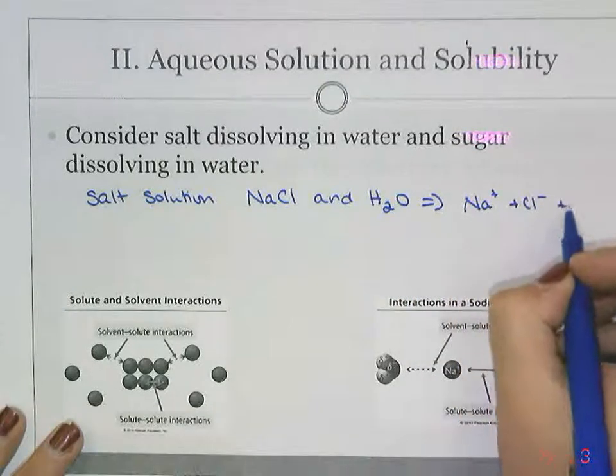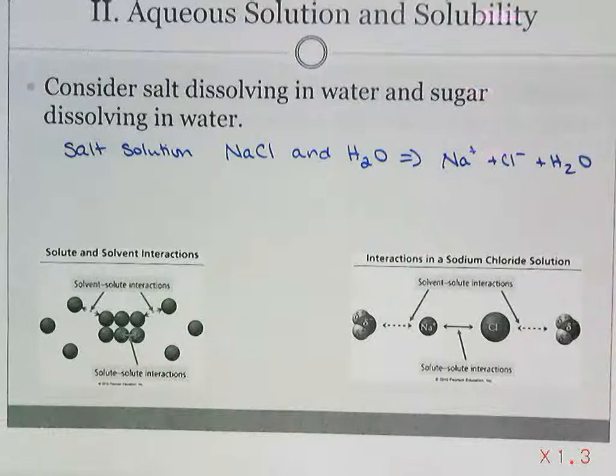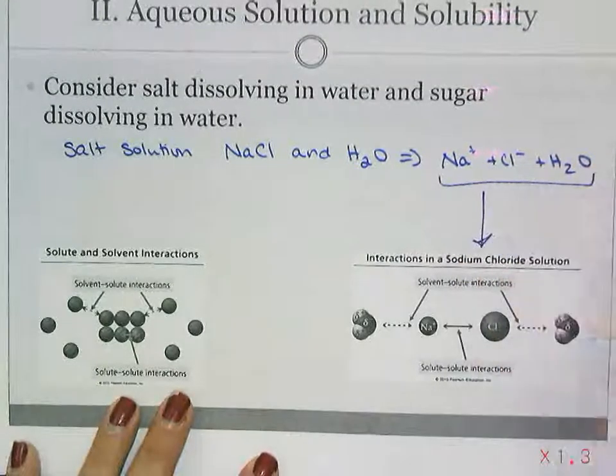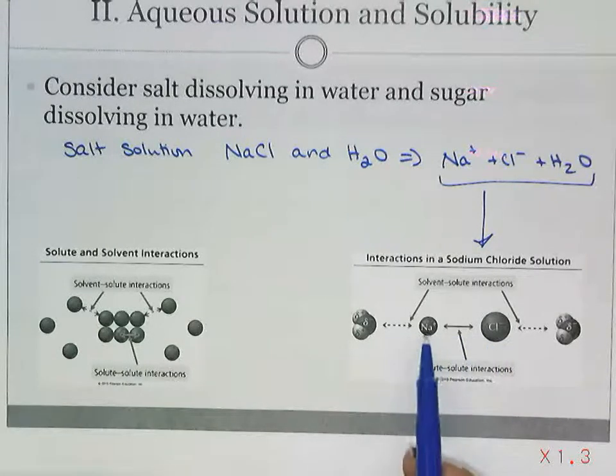I'm really going to have sodium ions and chloride ions in water, which is what we're seeing in this picture. Here I have a sodium ion that's interacting with the chloride ion. I also have sodium interacting with the water and the chloride interacting with the water.